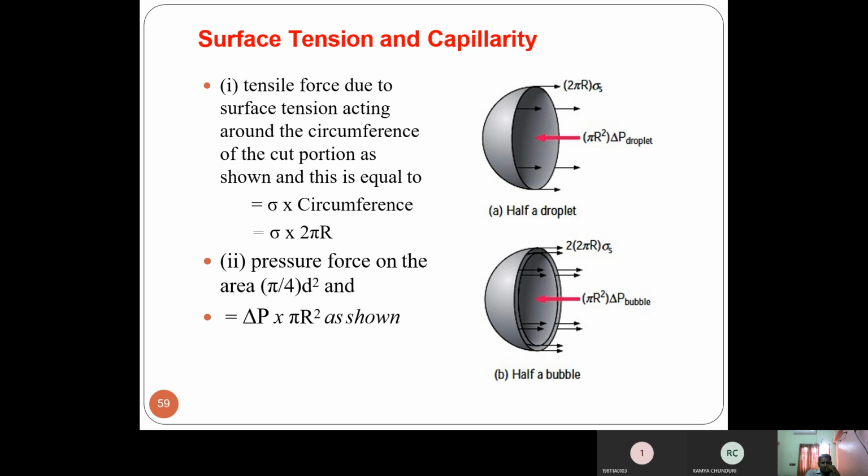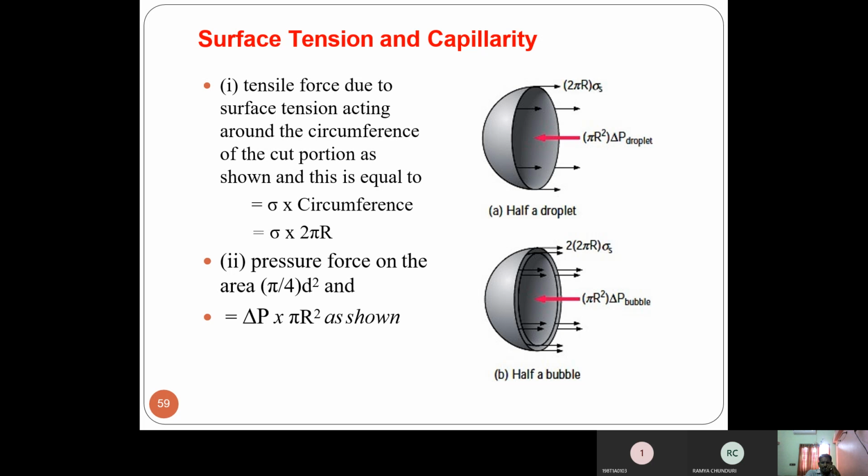There are two forces. The tensile force due to surface tension acts around the circumference of the cut portion, as shown in the figure, which we already discussed. This is the force into the length, or circumference, 2 pi r. And the pressure force acting into the droplet: what is its area?